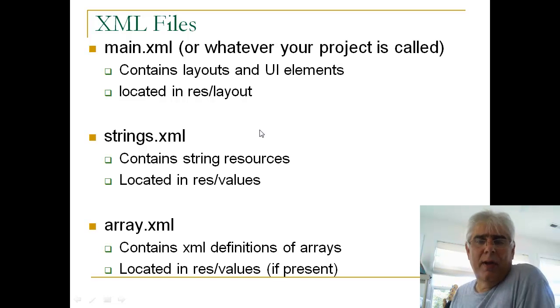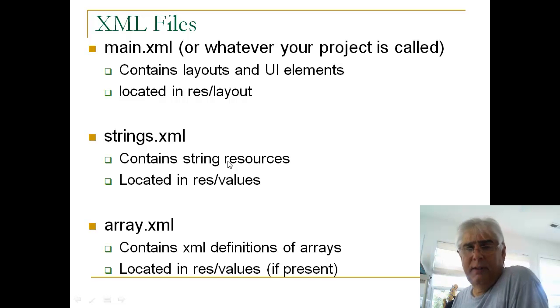There's also other kinds of resources. Here is a file called strings.xml, and not surprisingly, it contains string resources. This file is located in the directory res/values. And there's a number of these. We're certainly not covering all of them. Here's one.